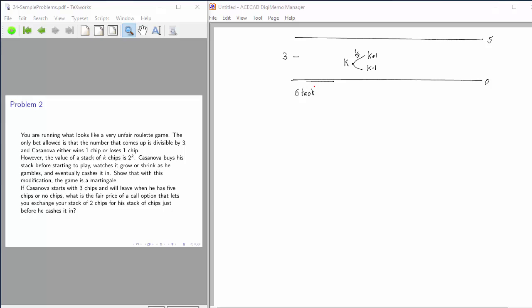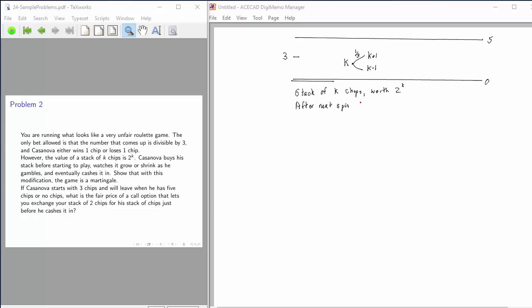At some point in the game, Casanova has a stack of K chips, which is worth 2 to the K dollars. What's going to happen after the next spin?